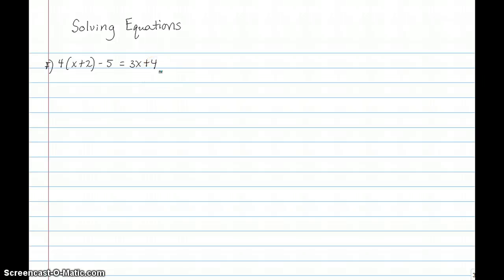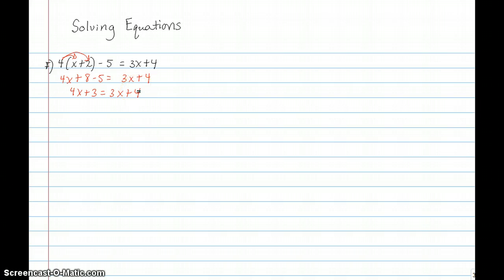You always do distributive property first, so it's 4 times x, 4x, 4 times 2 is 8, minus 5 equals 3x plus 4. Okay, we're continuing simplifying because we need to, after we use the distributive property, we combine like terms. 8 minus 5 is a like term, so 4x plus 3 equals 3x plus 4.